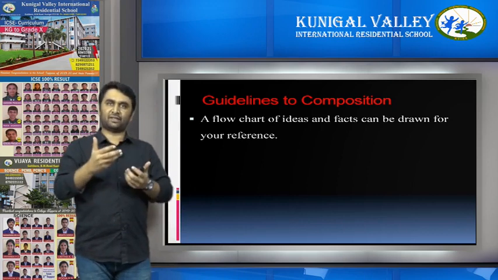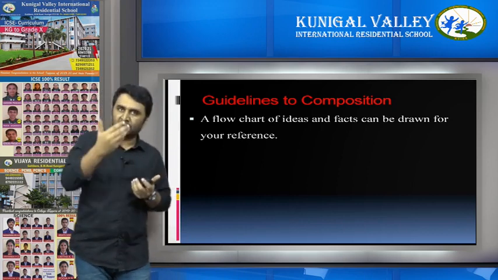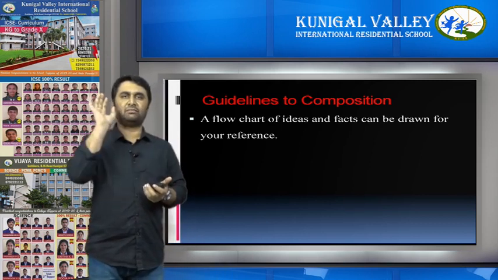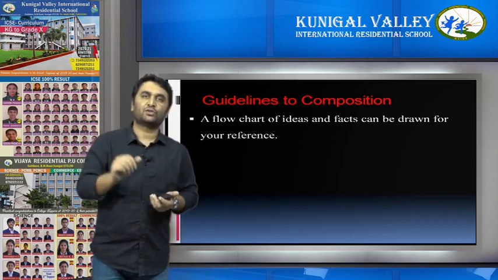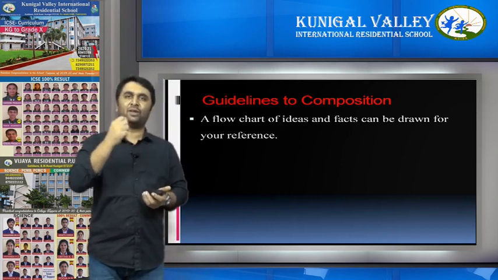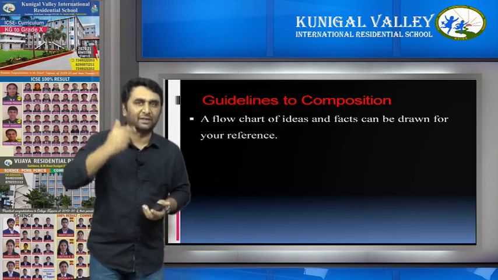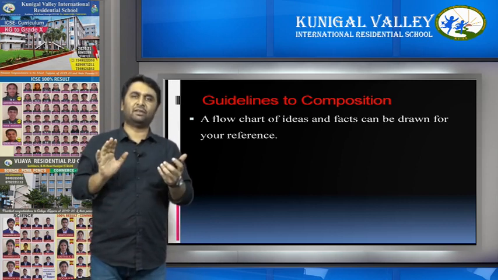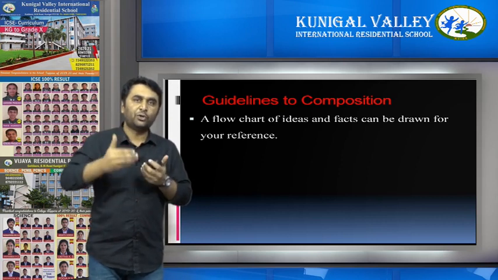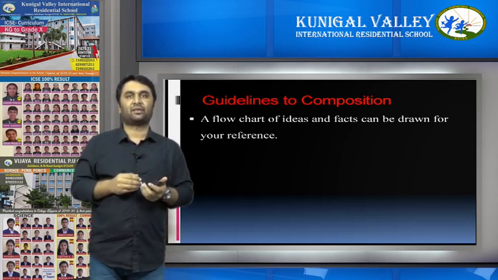Then how to develop that? How to get what to write, what is expected? Simple. Anyway, you have got 15 minutes reading time. So in that reading time, I want you to spend 1 or 2 minutes on mind mapping. What do you mean by mind mapping? Simple. Just generate ideas that what you want to discuss.